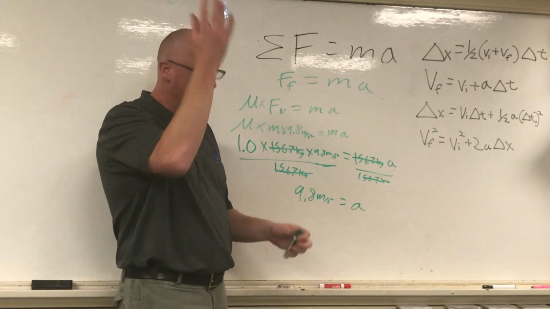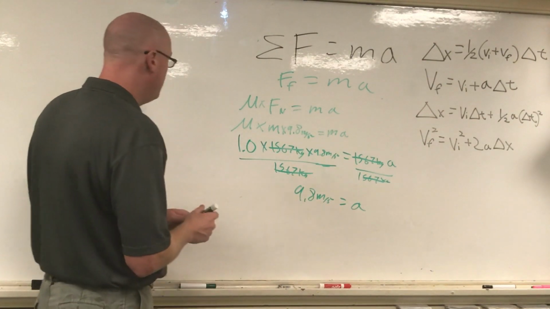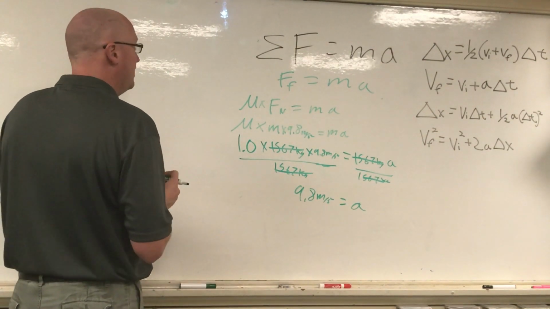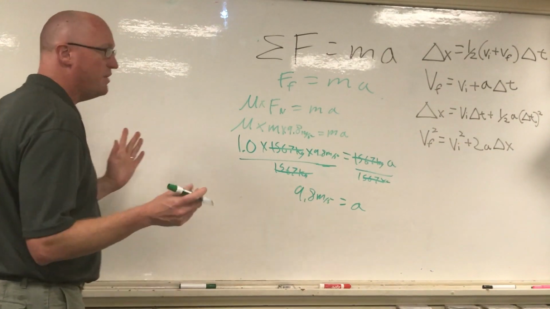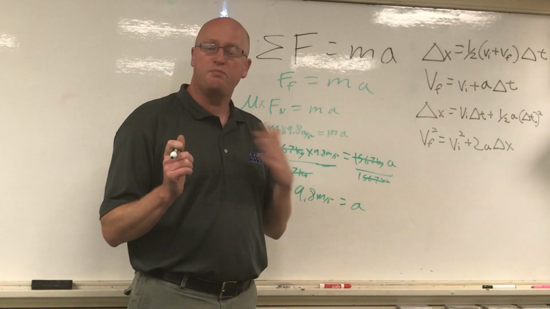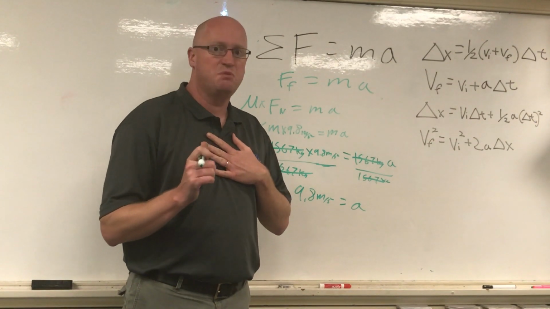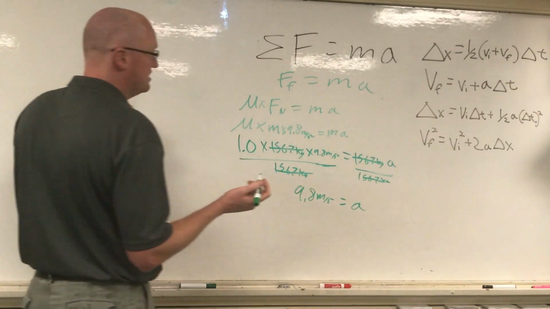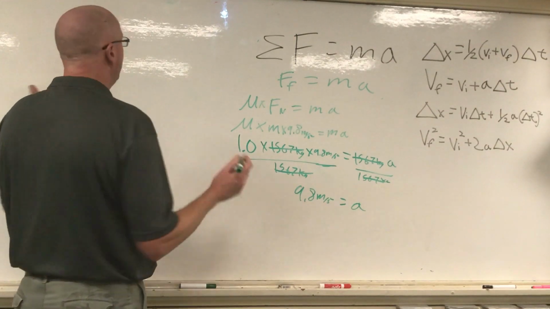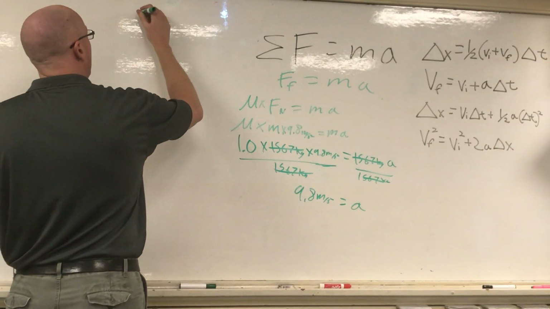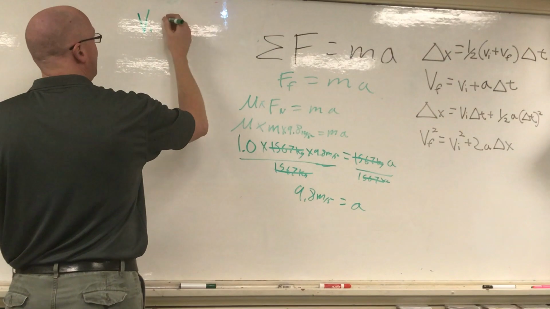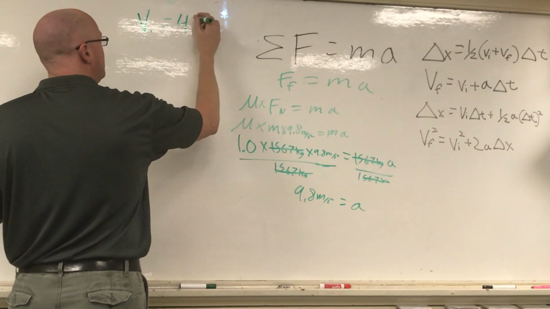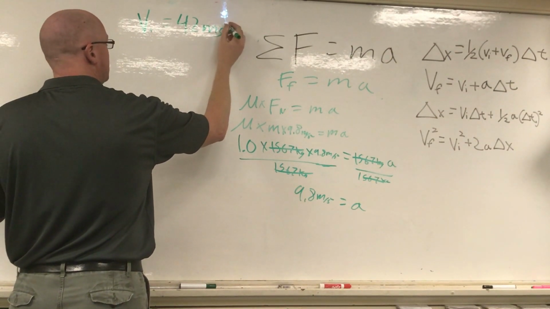So what do we know? Well, let's see. We know our initial velocity. By the way, I'm just going to do the one with my car's maximum velocity. My car is an electric car. It's an economy electric car. So we know that my initial velocity that I'm going to be starting at is 42 meters per second.